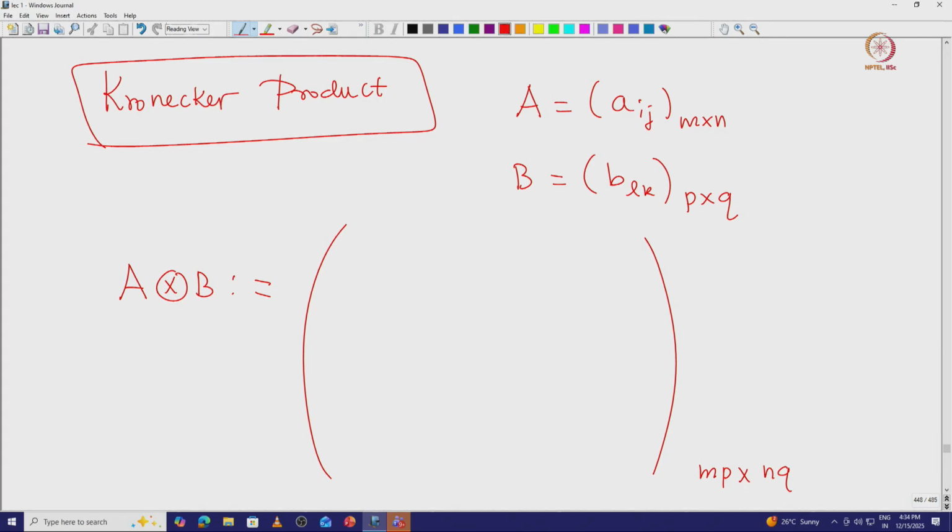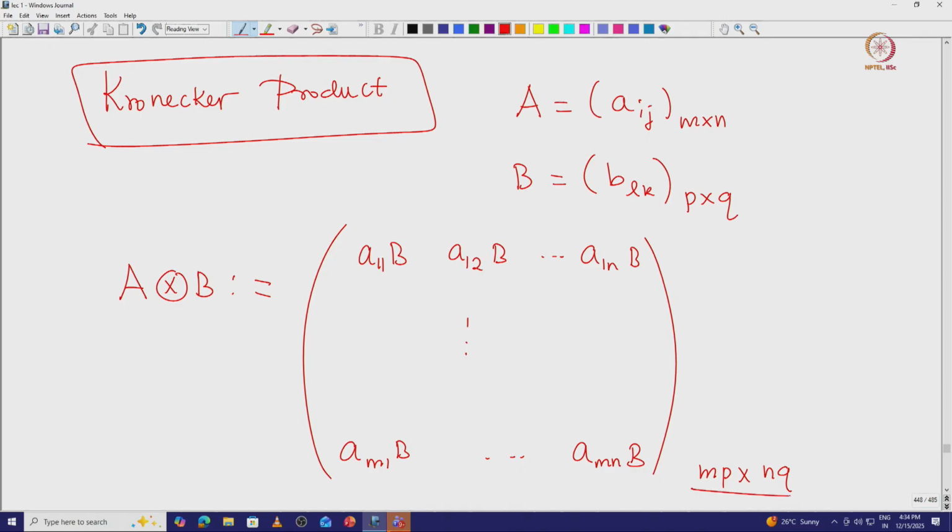So, we replace the first block with A11B, the second block with A12B, and so on, up to A1nB, then here we get Am1B, etc., up to AmnB. So, basically we take this m by n matrix and replace each Aij by AijB.